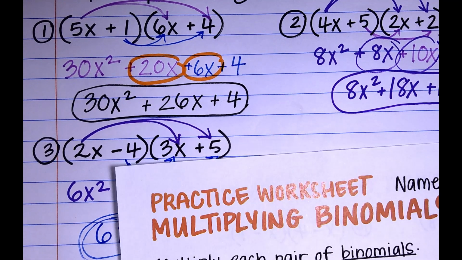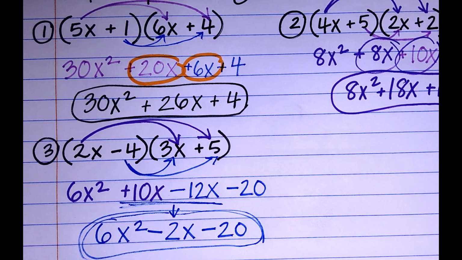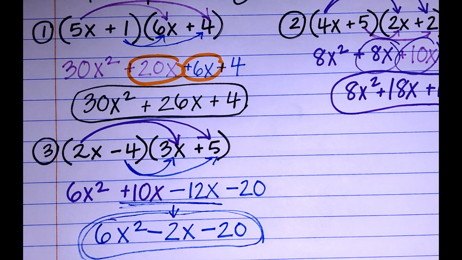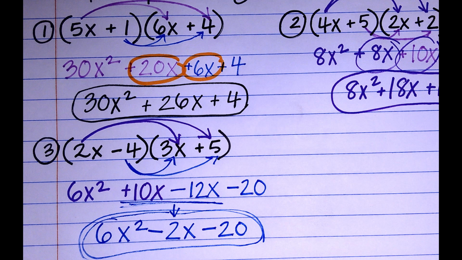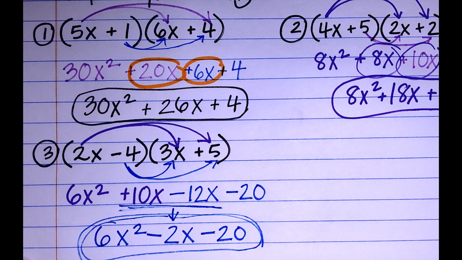Now, there is more than one way to do these. I've only shown you the FOIL method, so I'm thinking I might show you the other method before I have you get started on these, just so you can decide which one you like using better. So let's show that other method on this worksheet. That's what I'm going to do.